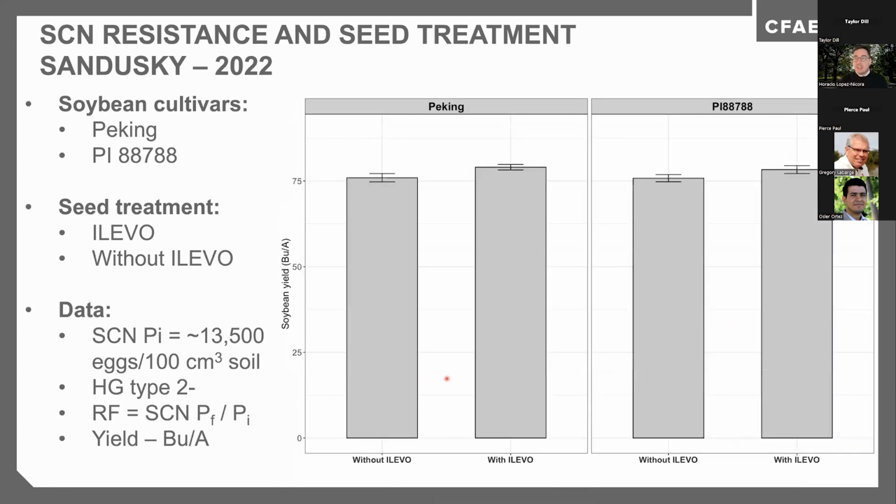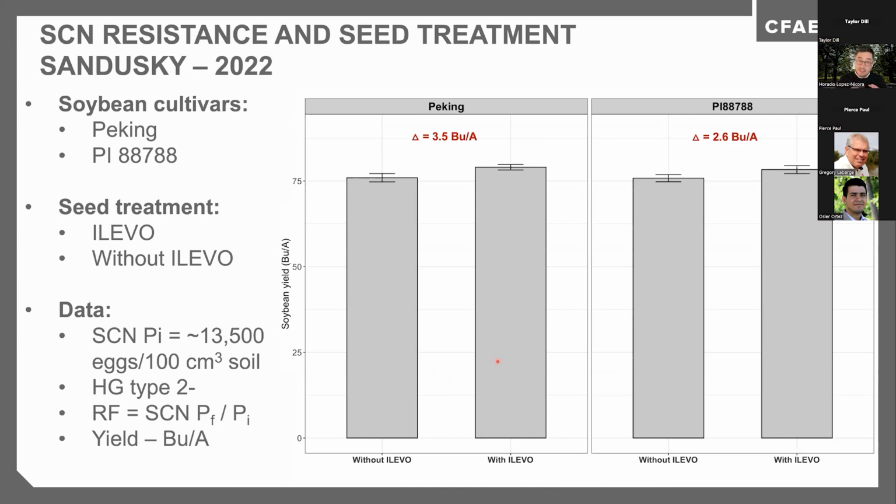And then when we compare yield, which we are also interested in, of course, we know that it will not be fair to compare across varieties because they have different genetic backgrounds, but we can compare treated and not treated with Ilivo. And what we notice is that even though the seed treatment statistically did not reduce the population of soybean cyst nematode in the field, it statistically increased yield when treated, between 2.6 and 3.5 bushels per acre.